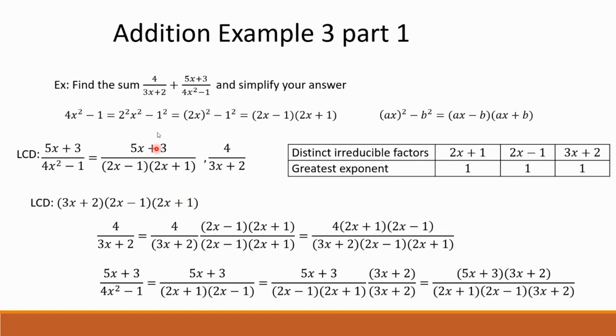All right. So now remember, just like with fractions, just like we've done before, you have to rewrite each rational expression so that the denominator is the LCD. We have 3x plus 2 here, so what are we missing? We're missing the 2x minus 1, 2x plus 1 product.